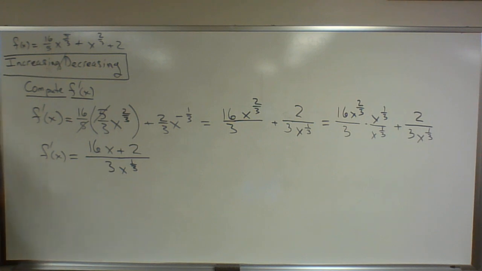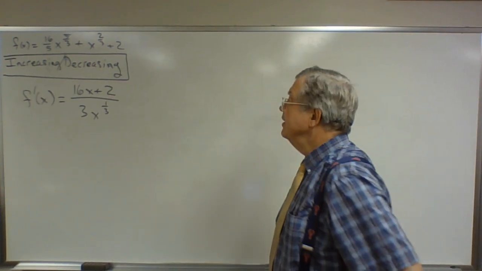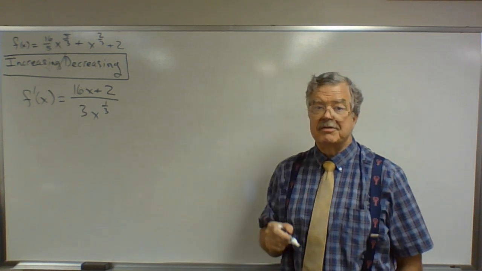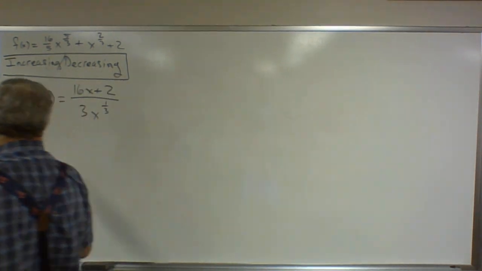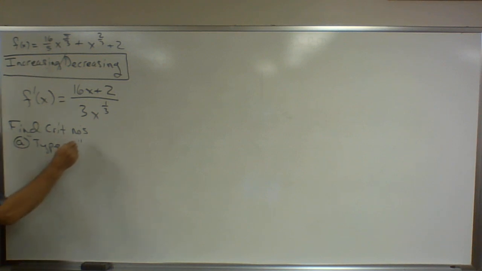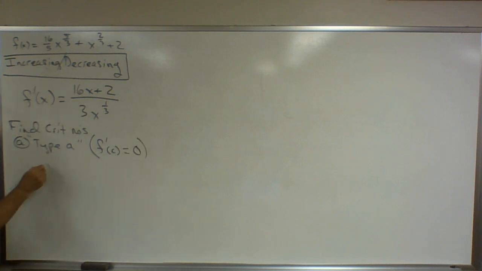And I'm going to erase some of the board. We've got the derivative in a form that we like. We want to find the critical numbers. And remember, type A critical numbers have the characteristic that the derivative equals 0.